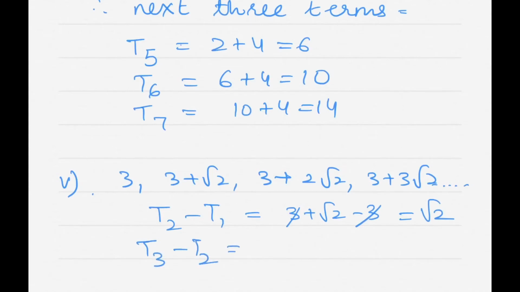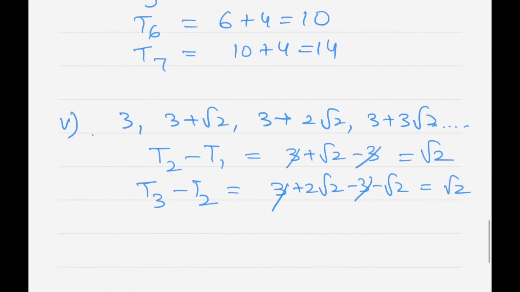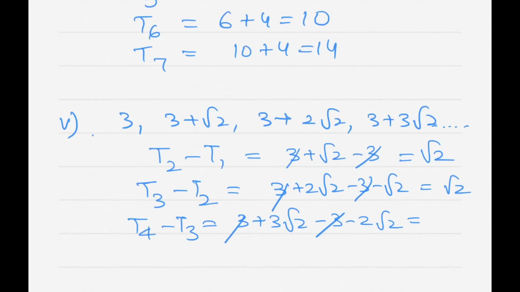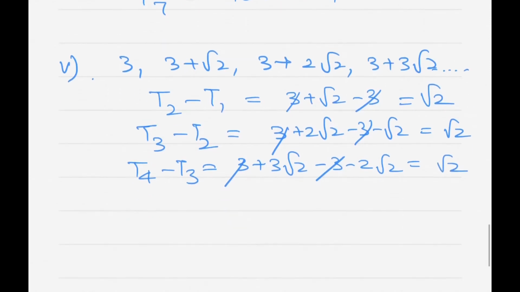T3 minus T2 will give me 3 plus 2 root 2 minus 3 minus root 2. Both will become negative, right? This gets cancelled, and 2 root 2 minus 1 root 2 will give me root 2. T4 minus T3 will give me 3 plus 3 root 2 minus 3 minus 2 root 2. This gets cancelled, and 3 root 2 minus 2 root 2 will give me root 2 again.